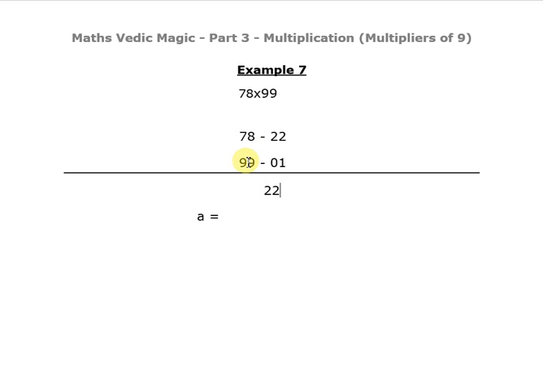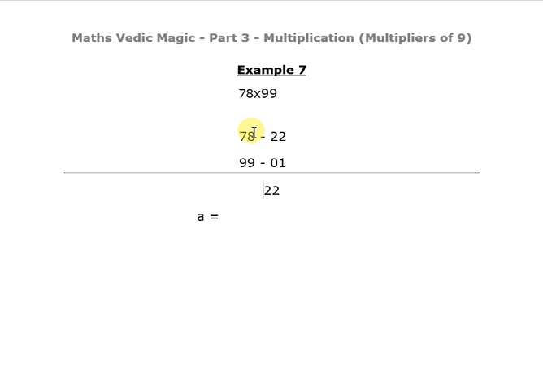What it tells us is that if you have to do it without writing down all these steps, you go to the base, which is just one addition to the series of 9s in the multiplier, and subtract the second number from it. So in this case 100 minus 78 gives us 22. That's our right side portion, and the left side portion is nothing but the cross subtraction, 78 minus 1, which gives us 77.